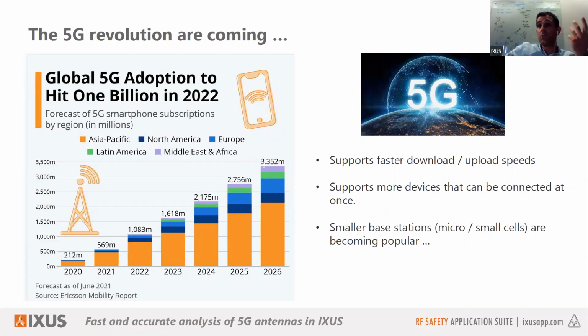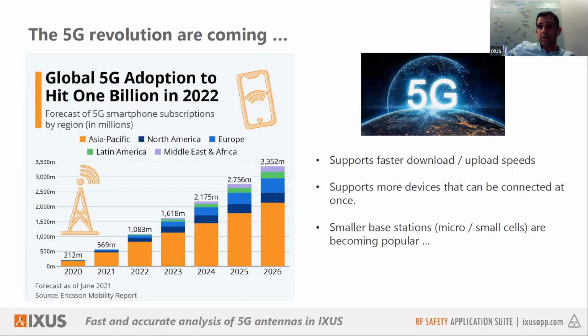One thing in particular is that more than one device can be connected at once to a 5G station. And this station has a lot of intelligence in terms of dynamically adjusting its properties in order to service this dynamically changing user environment around it. I will also focus on that a bit later, because it tells us a little about how these antennas work, and it highlights a few things that we need to take into account when modeling these antennas in IXUS.